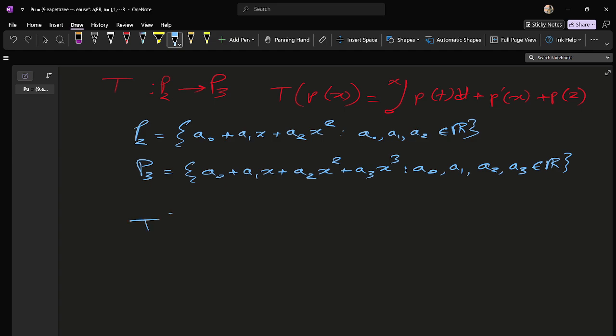So now T of 1 goes to the integral from 0 to x of 1 dt, plus the derivative of 1, which is 0, plus T of 1, which will be 1.